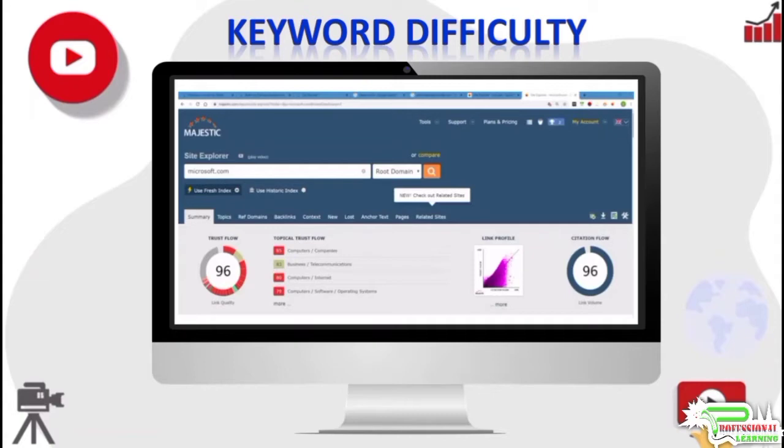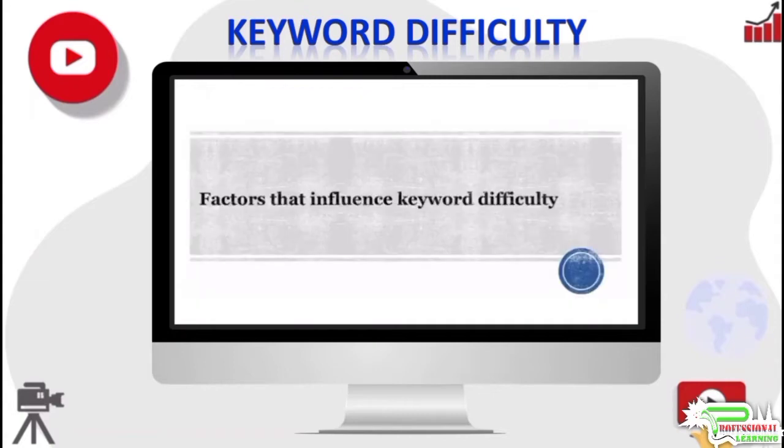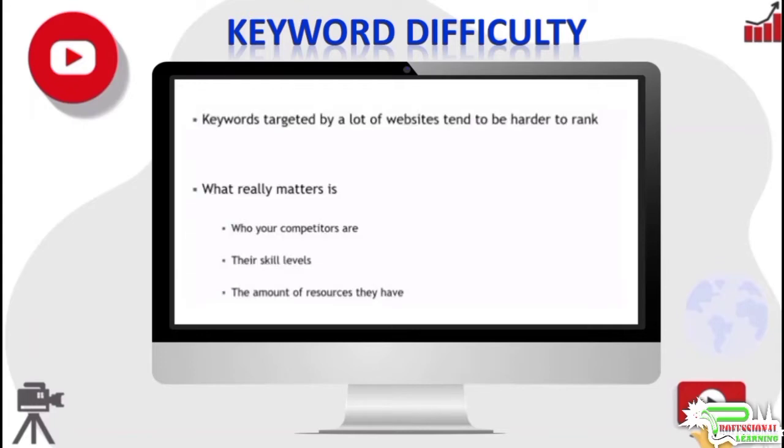Moving on to the next topic: in general, keywords that are targeted by a lot of websites tend to be harder to rank. What matters is who your competitors are, their skill level, and the amount of resources they have at their disposal.